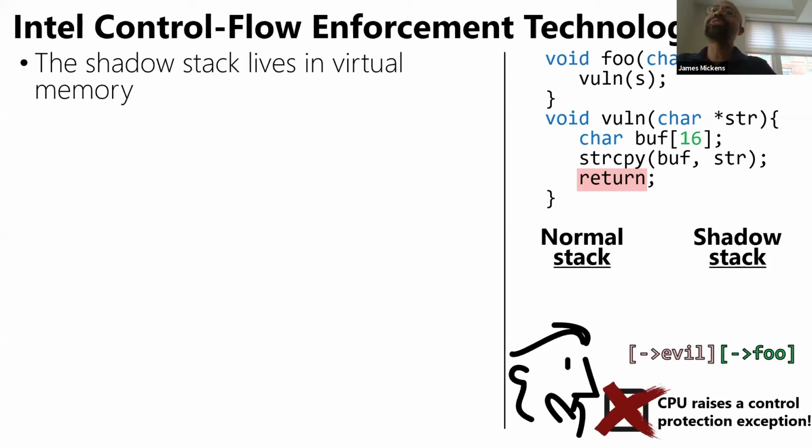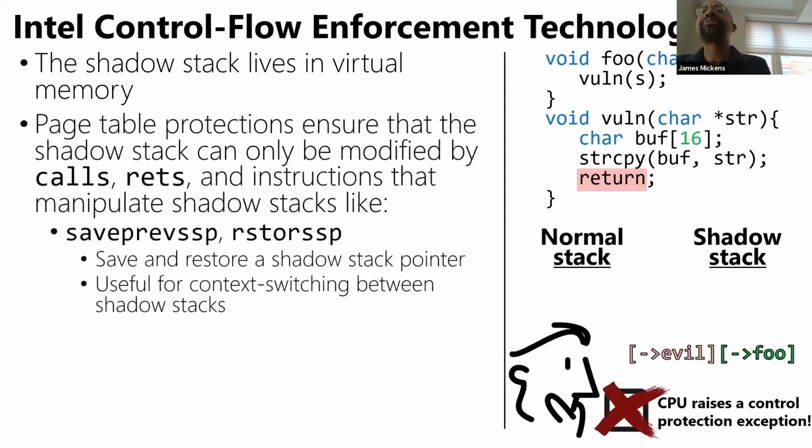But of course the question is, if it lives in virtual memory, can't it be tampered with by the attacker? As it turns out, CET protects the shadow stack using page table protections. By setting the page table protections correctly on the shadow stack, the only instructions that can modify the shadow stack, for example push and pop stuff, are calls and rets, which is what I just discussed.